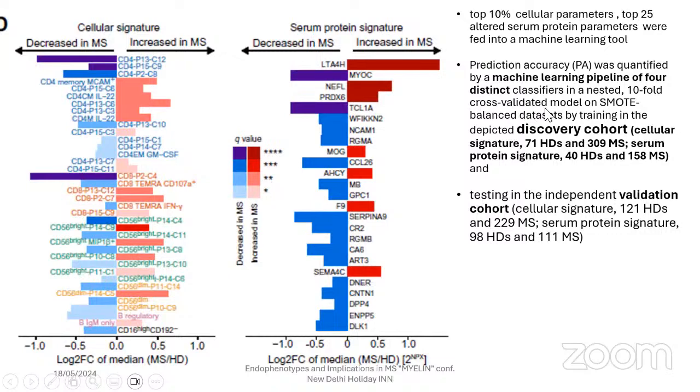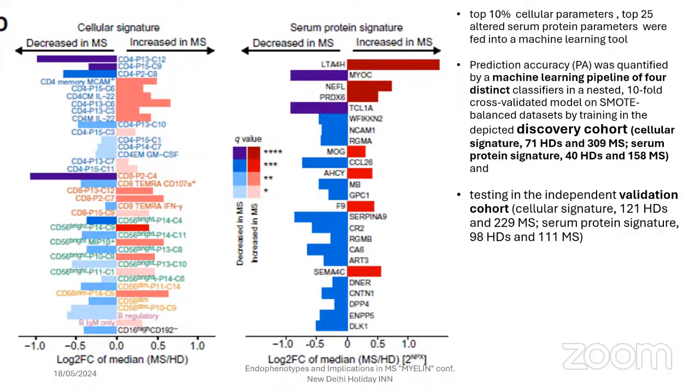The prediction accuracy was quantified by a smooth balanced validated model, and it has been tested again in the validation cohort. So there are two steps here. First, you get the data, you feed into the model and check whether it is trained properly and it is giving a test result which will classify the samples into three endophenotypes.